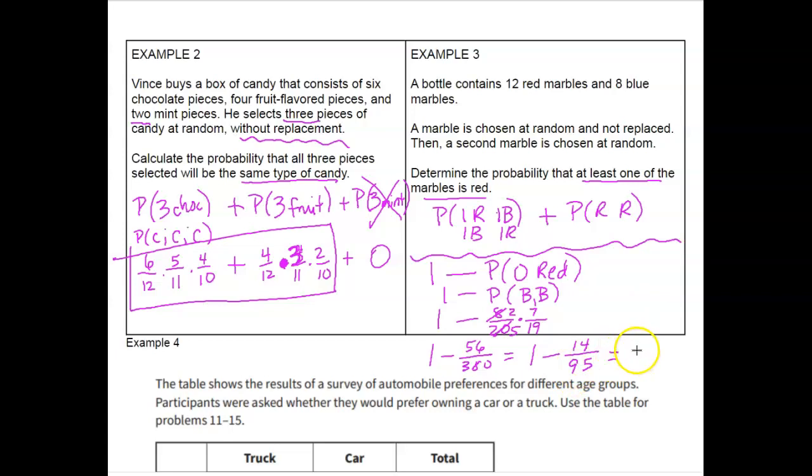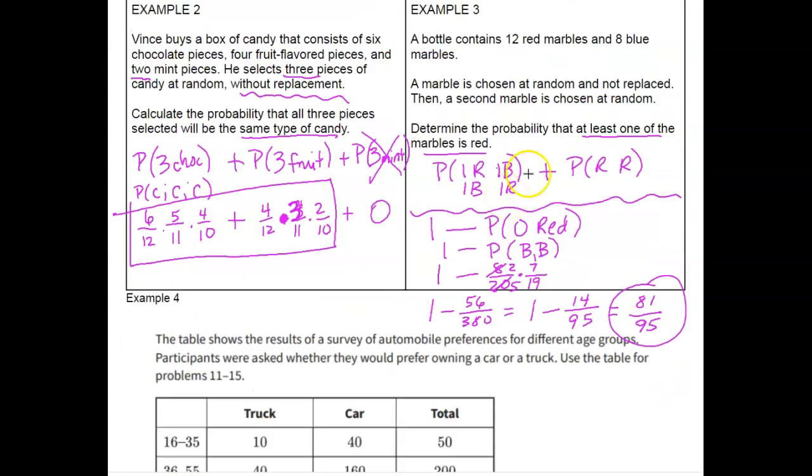So then that gives us 81 out of 95. So it should be pretty high because we have more chances to get at least 1 red than we do to have no red. Okay. All right. And also, I don't think we've used the idea of a complement for a long time.